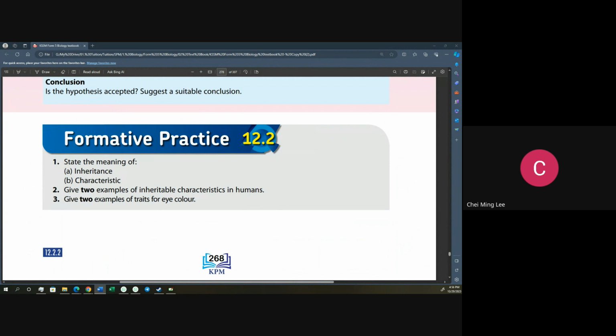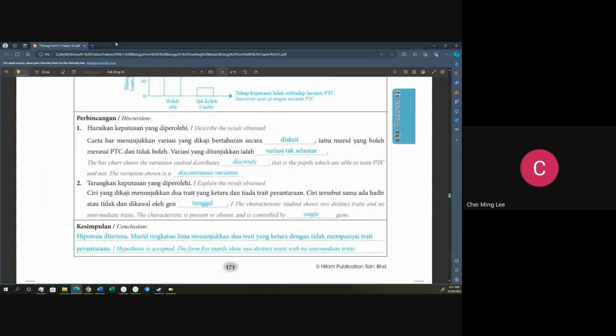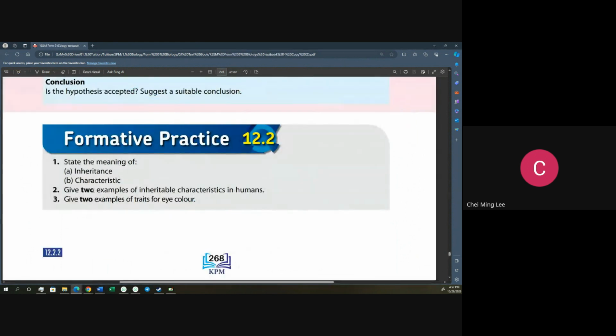Okay, I'm trying to finish this chapter 12 if possible within this class. Because I think we should be able to finish it. It shouldn't be a big issue. So try to do this.